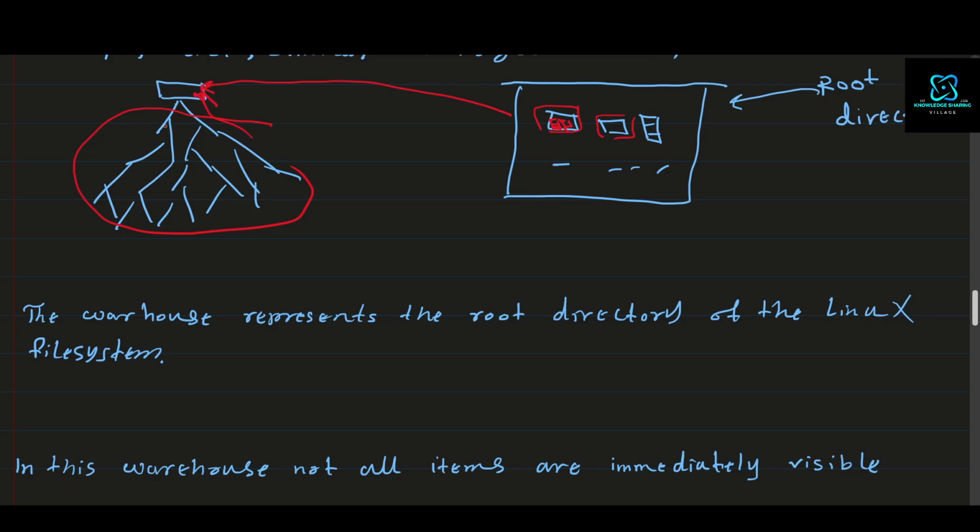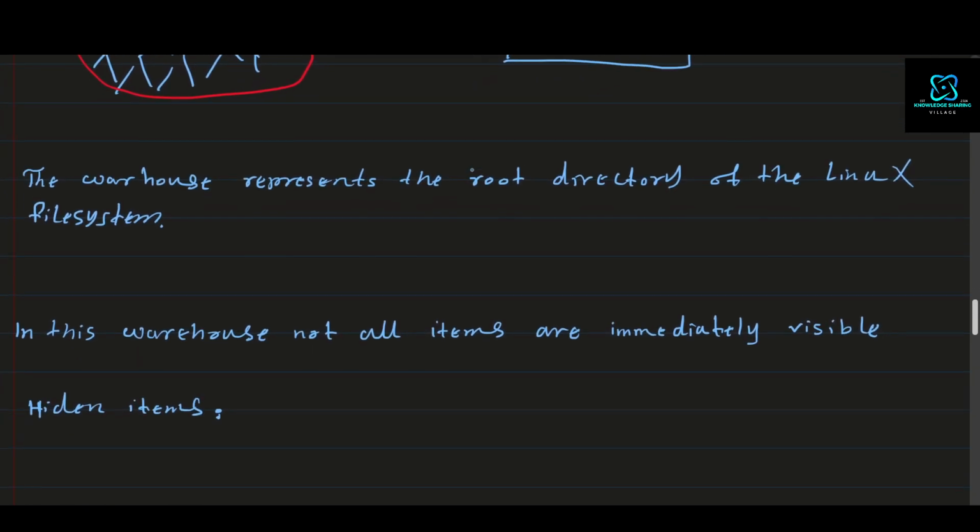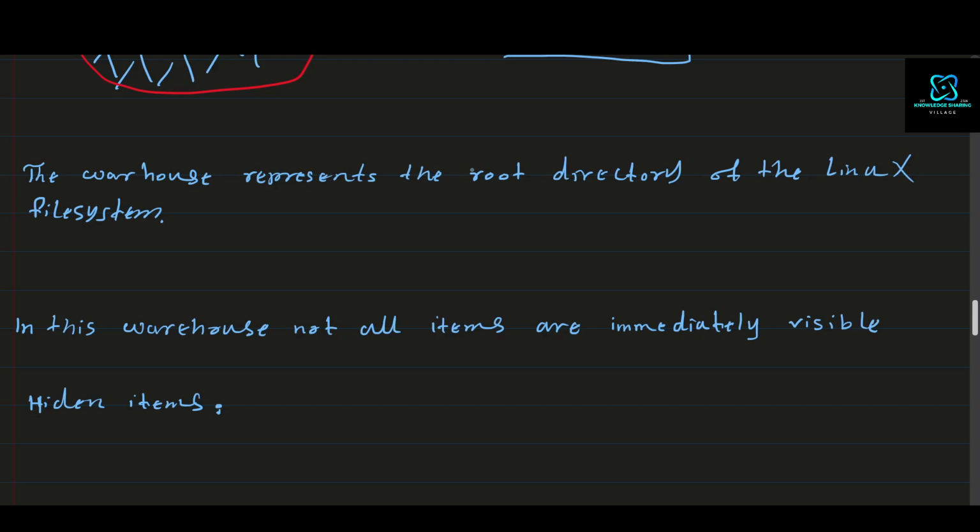Each can be another directory, and this directory can have subdirectories in itself or files and so on and so forth. Therefore, in our analogy, the warehouse represents the root directory of the Linux file system.